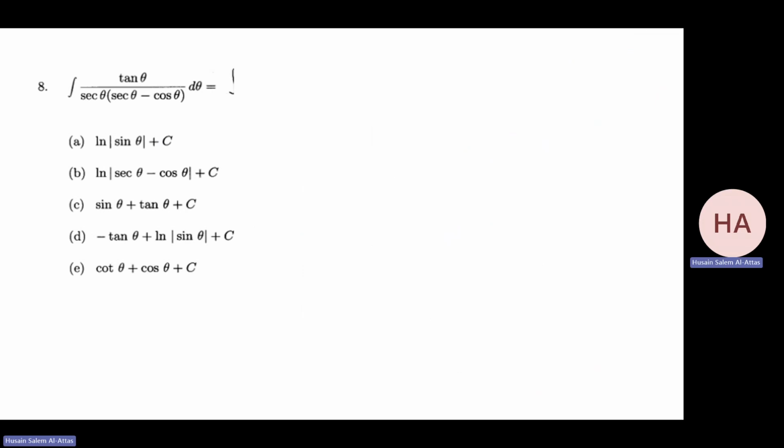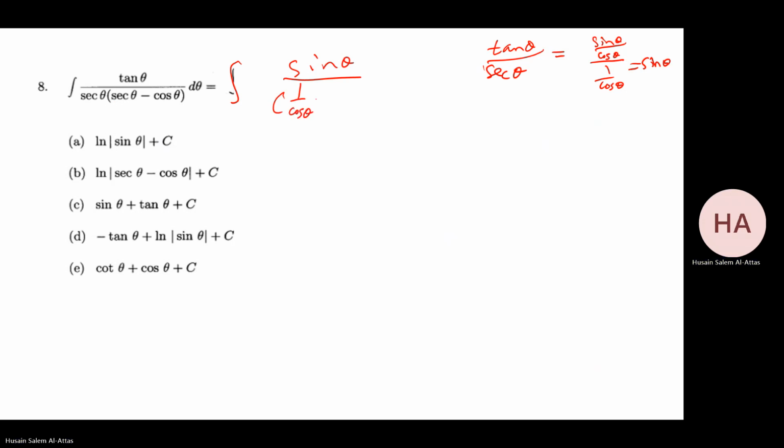Okay, this one seems to be difficult. It's very easy. Notice tan theta over sec theta is what? Sine over cosine over 1 over cosine. So it's sine. So this is integral sine over. Now secant, that will be 1 over cosine minus cosine, which is what?